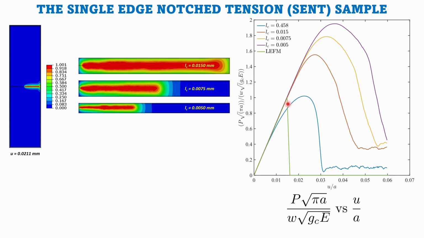Suppose we didn't have PC, the LEFM curve would have gone straight indefinitely. Okay, because the LEFM crack never propagates, it always stays here. So it is always linear and it does not fall down. It is always linearly increasing.